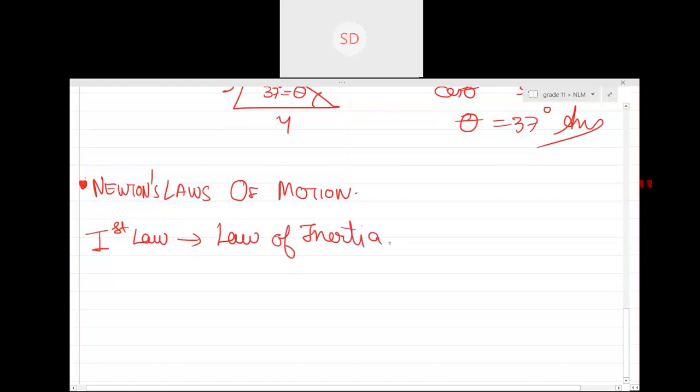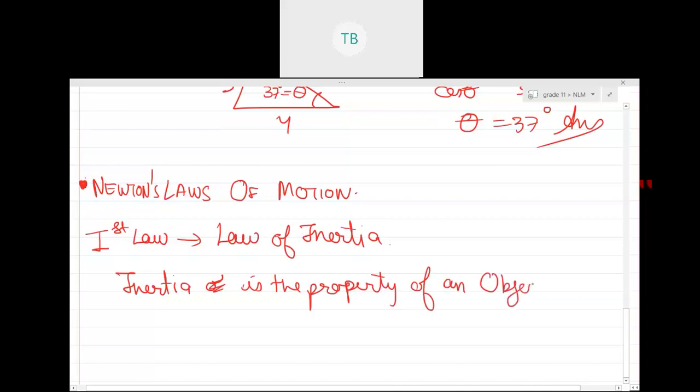The first law is basically also known as the law of inertia. What is inertia? Inertia is basically the property of an object or a system to resist the change.